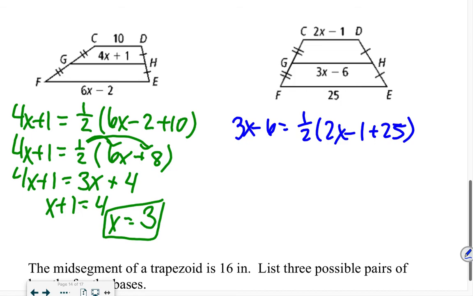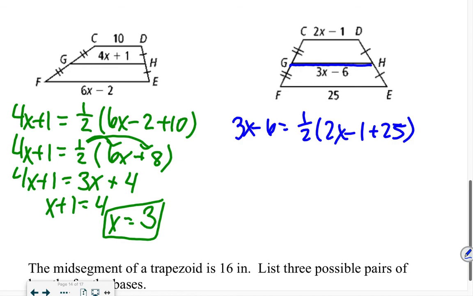What did you do, Jake? Put the 2x in the bottom, 3x. So our mid-segment always goes out by itself. Okay, and then the bases go together.